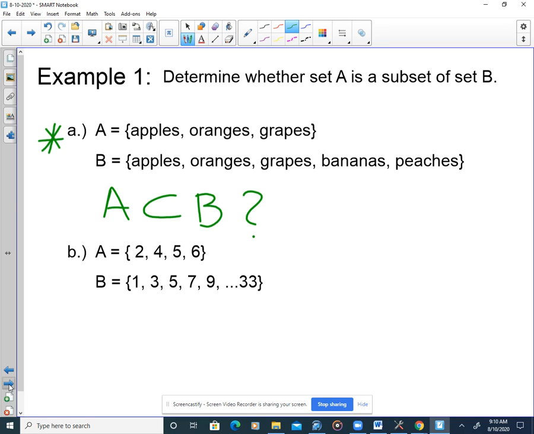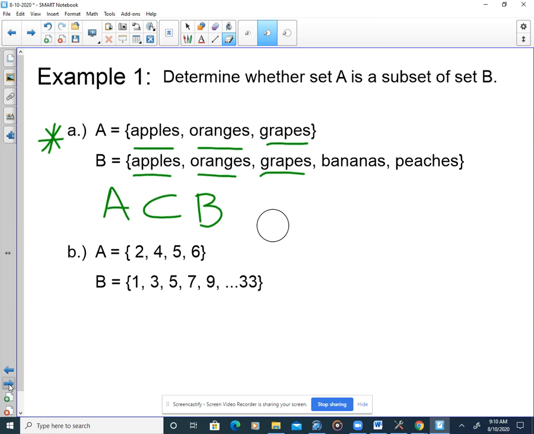So we need to ask ourselves, is everything in A, which is apples, oranges, and grapes, also in B? Apples, oranges, and grapes. So yes, we can say A is a subset of B. This is true. A is a subset of B.